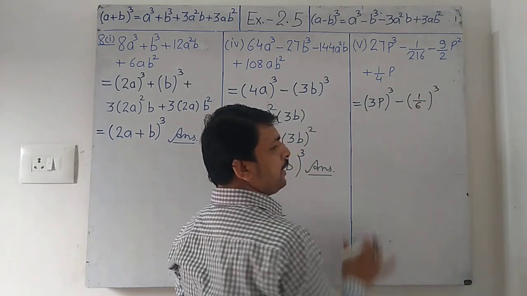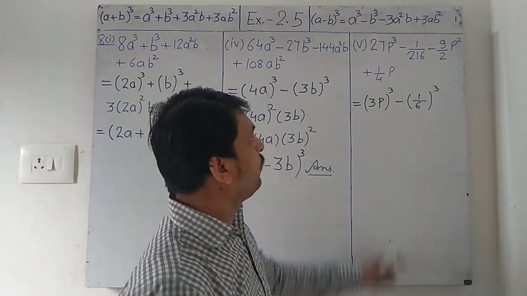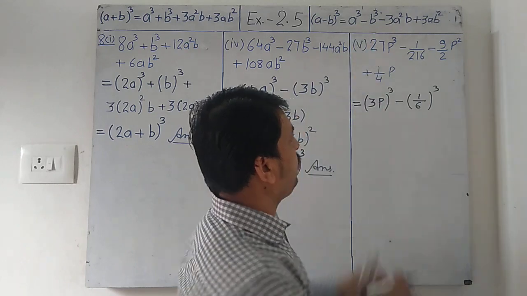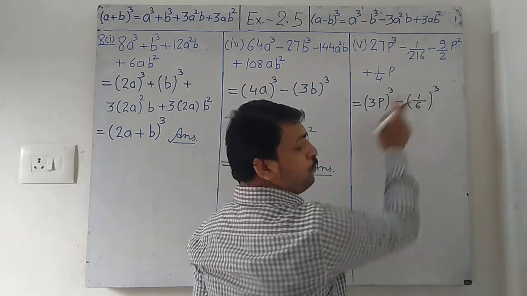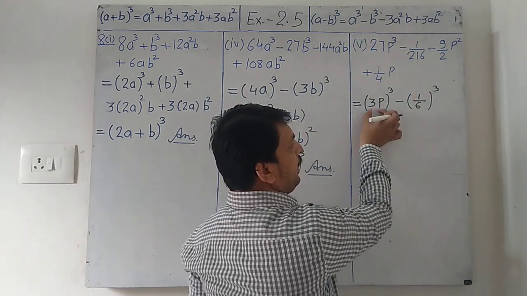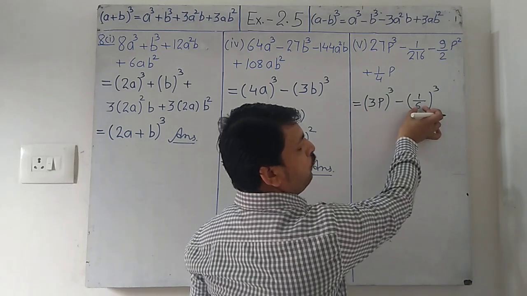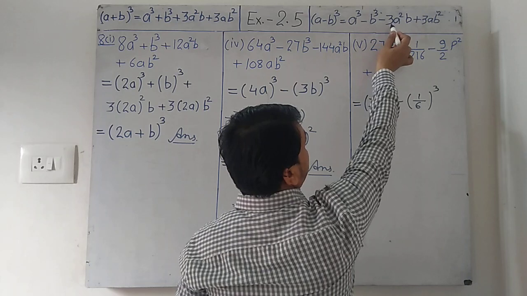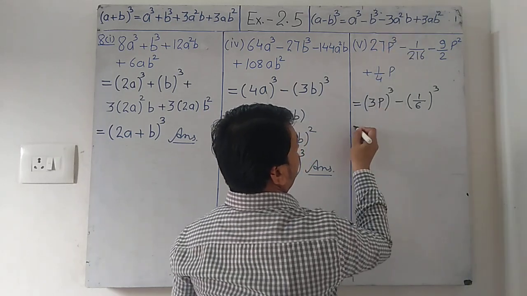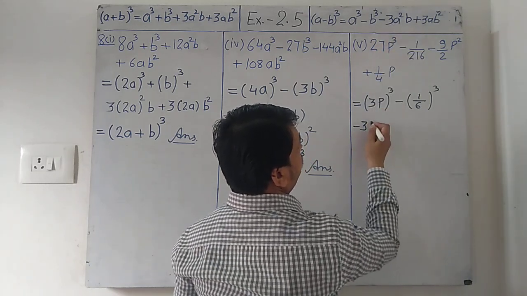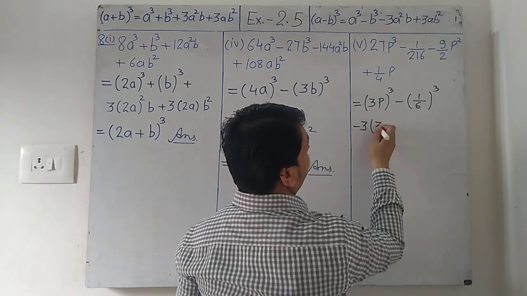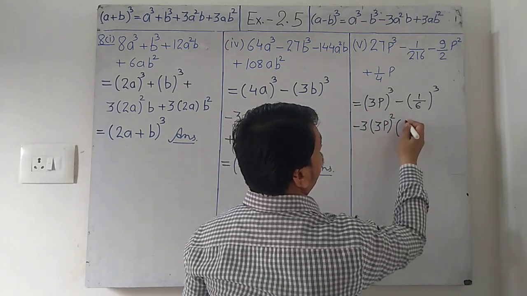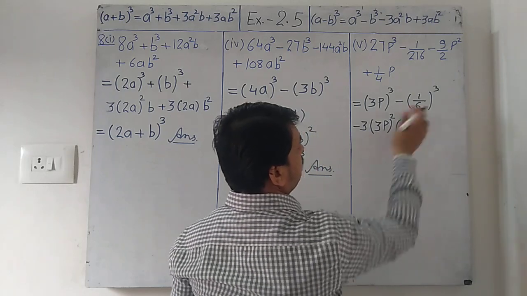Here we can identify the values, because the first two terms are a cube minus b cube. The value of a is 3p and the value of b is 1 by 6. The next term is minus 3a square b, so minus 3 (3p) square times 1 by 6.